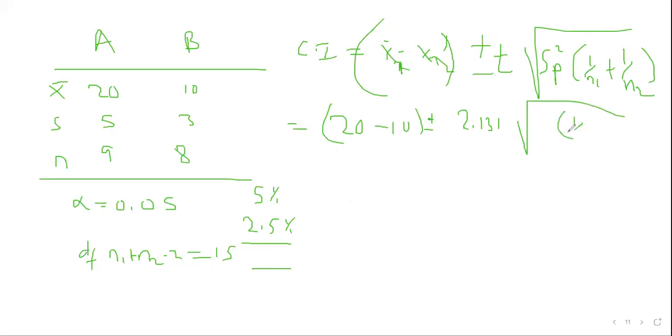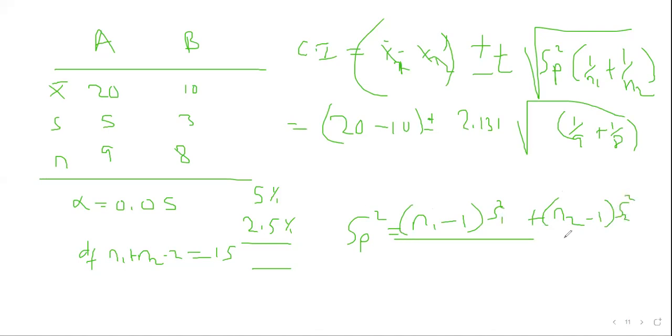The other headache is that the sample size for sample 1 is 9, and for sample 2 is 8. How do we find this pooled variance? It has its own formula, given by n1 minus 1 plus n2 minus 1, and here we have n1 plus n2 minus 2.